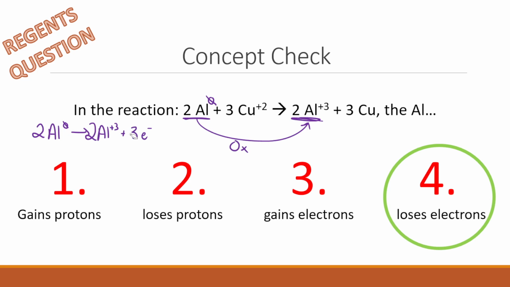And this 3 would actually become a 6, because 2 aluminums become 2 aluminum plus 3s, each one losing 3 electrons. Now, we're going to look at this equation format a little bit more closely.